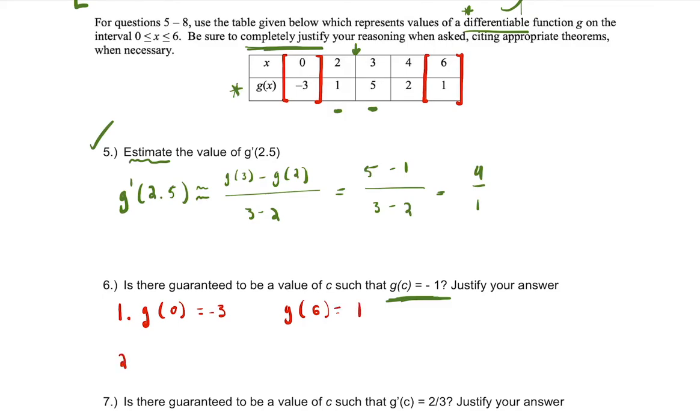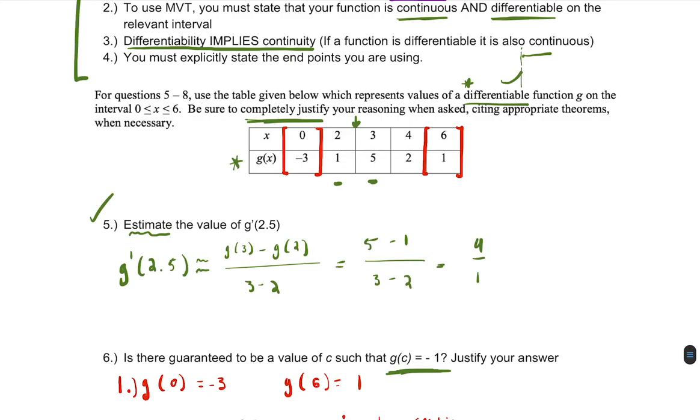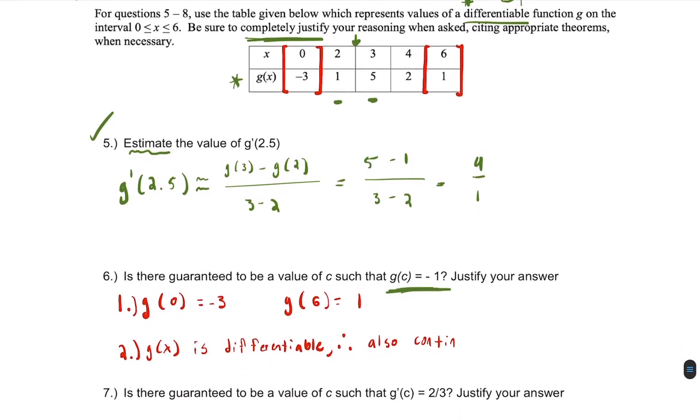Then I would say statement 2, g of x is differentiable, meaning it's smooth, no hard corners. And here's what I would say, therefore also continuous, because if it's differentiable, that's point number 3, really important. Differentiability tells you a function is also continuous.